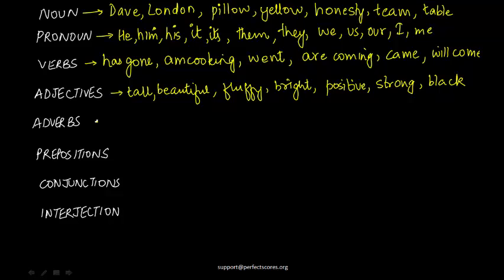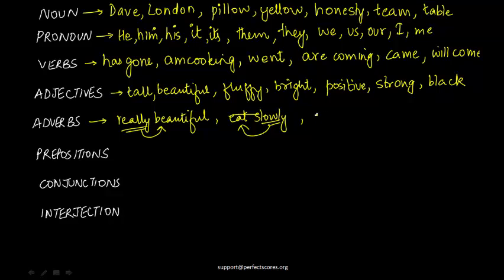Coming to adverbs. Adverbs are words that describe other adjectives. For example, this is really beautiful. So beautiful is the adjective and really describes beautiful. Or eat slowly. Eat is a verb and slowly describes eat.